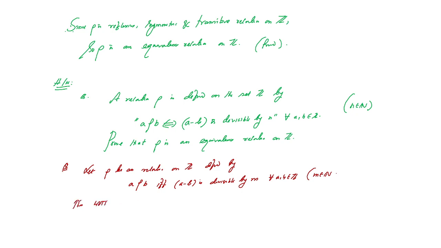Then which of the following is true? Option A, rho is reflexive, symmetric but not transitive.